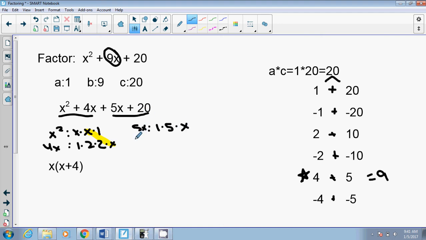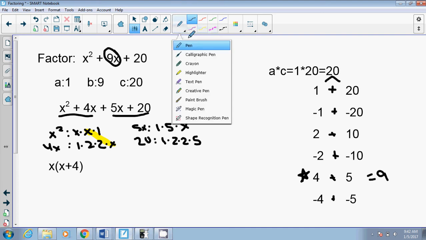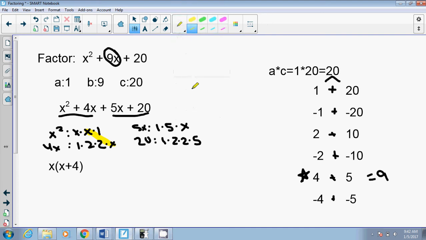And the prime factorization for 20, see here, 1 times 20. But 20 breaks into 4 and 5, and 4 breaks into 2 and 2. Again, always double check yourself here. 1 times 2 is 2, 2 times 2 is 4, 4 times 5 is 20. And then I look for what they have in common. They both have a 5 in common, so that's my greatest common factor.